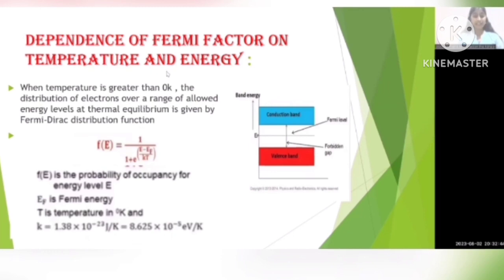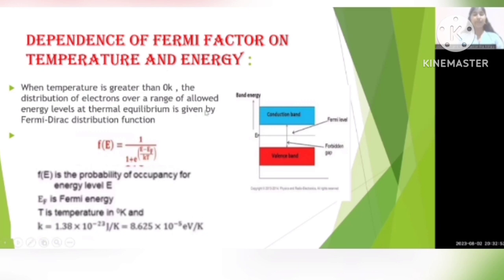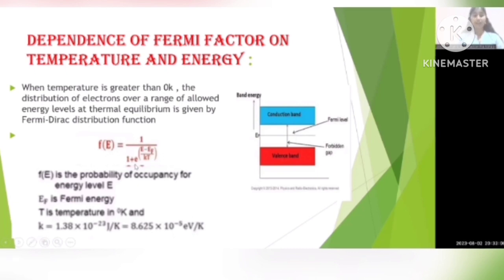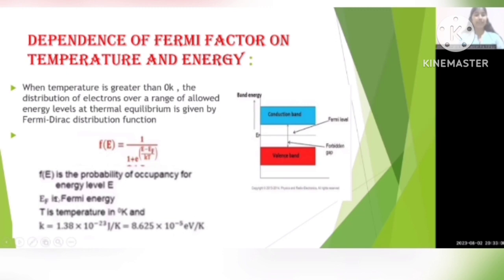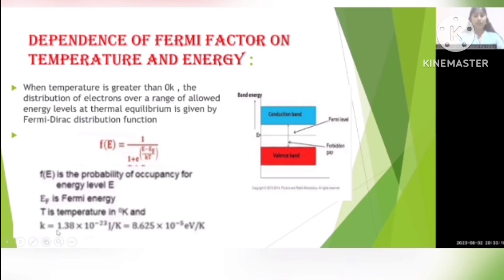When the temperature is greater than 0 Kelvin, the distribution of electrons over a range of allowed energy levels at thermal equilibrium is given by the Fermi-Dirac distribution function, and the equation is written as f(E) = 1 / (1 + e^((E - Ef)/kT)), where f(E) is the probability of occupation for energy level E, Ef is Fermi energy, T is the temperature in Kelvin, and k is the Boltzmann constant, which is equal to 1.38 x 10^-23 joule per Kelvin.